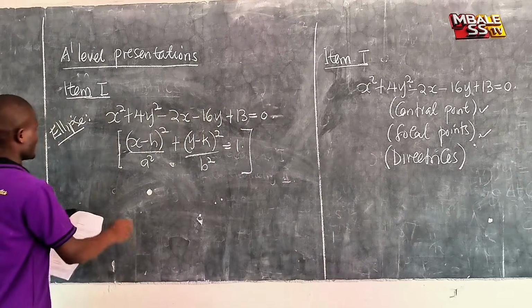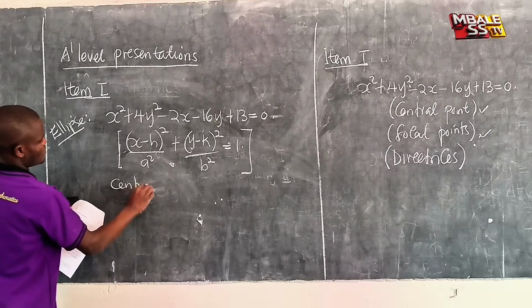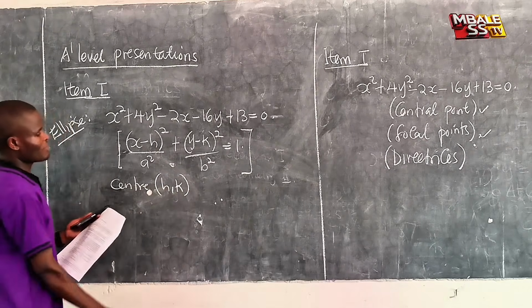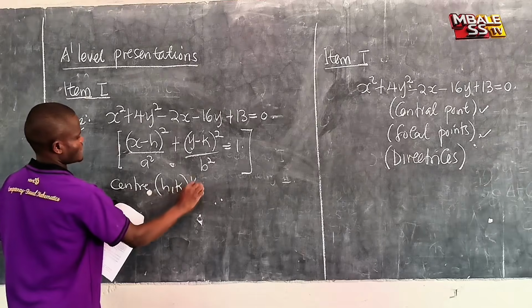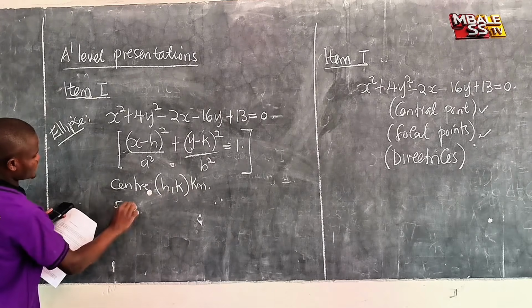So to generate the 3 points here, 1, the center will be at the point (h, k). Remember, here we are measuring everything in kilometers. Then we have the points we call the focal points.